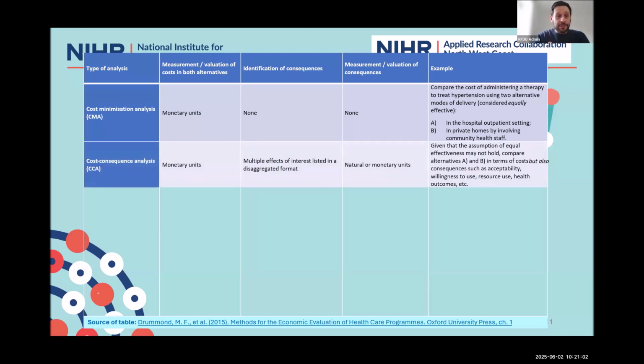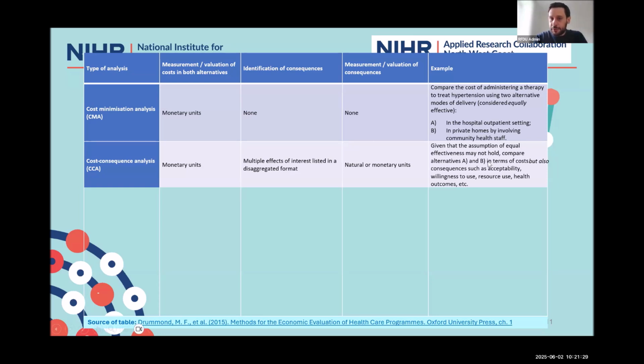Instead, with the cost consequences analysis, we start to understand a bit how outcomes might differ between the interventions. So we've got our costs, which are going to be measured in monetary units, but we also have a consideration around the outcomes or the consequences of the interventions. In particular, in cost consequences analysis, these outcomes, these effects, are going to be listed in a disaggregated format.